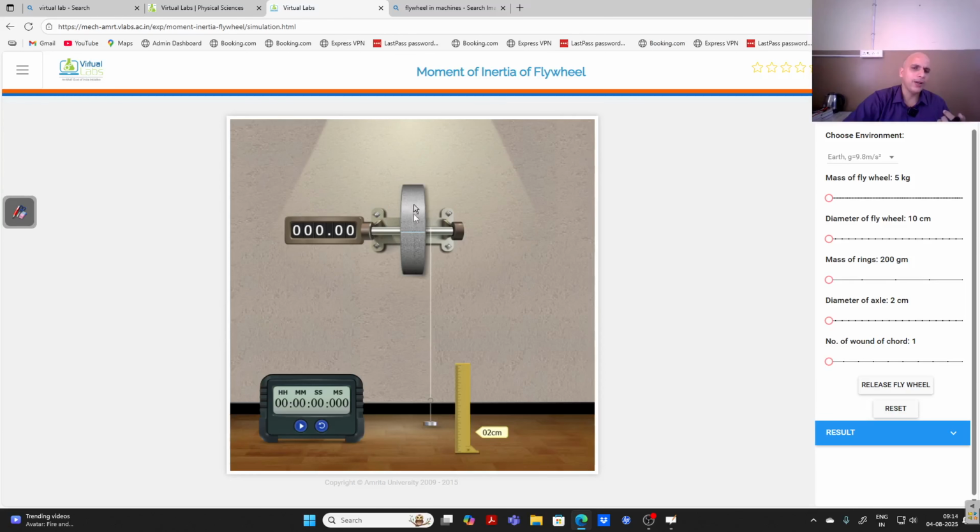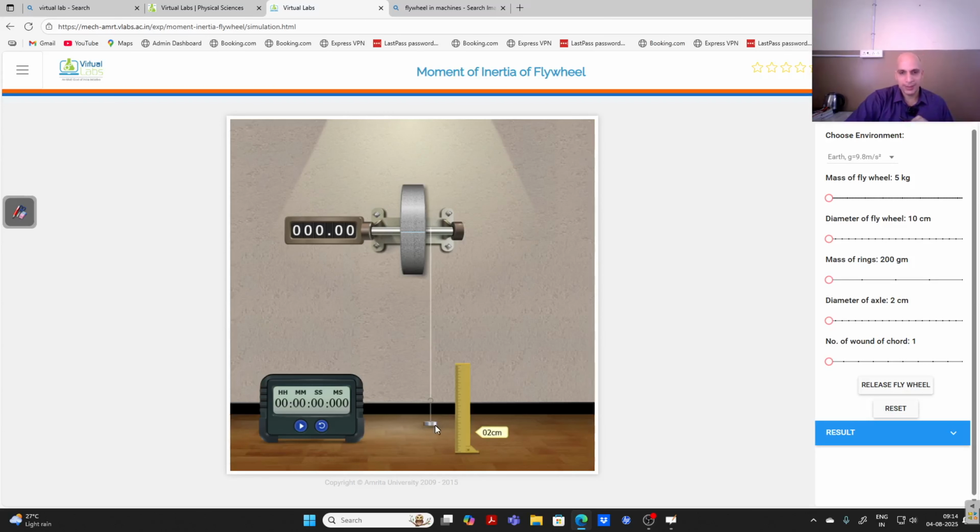But for the flywheel, because it is larger, you have to take a thread, wrap it around the flywheel, then take the thread down and measure its length on the meter scale. That will be the circumference of the flywheel. If you know the circumference, 2 pi r, then you can calculate the radius of the flywheel. The diameter of the axle, however, you can find using the vernier caliper.